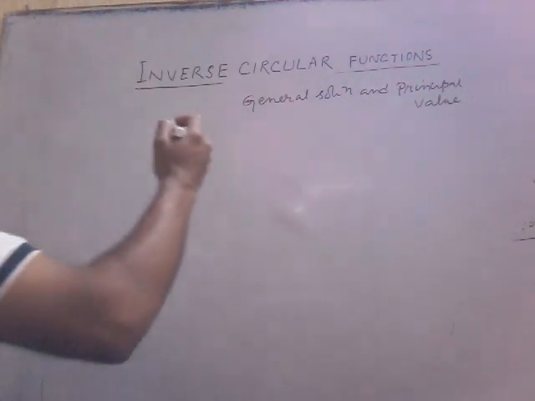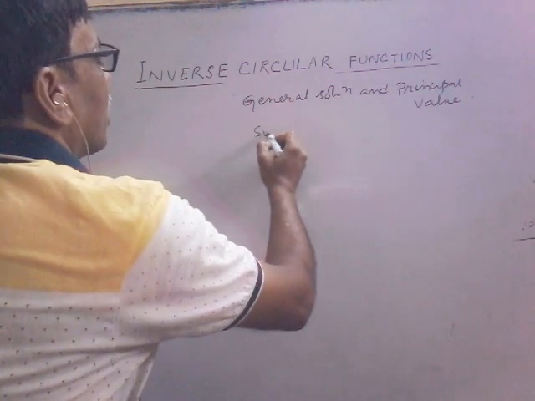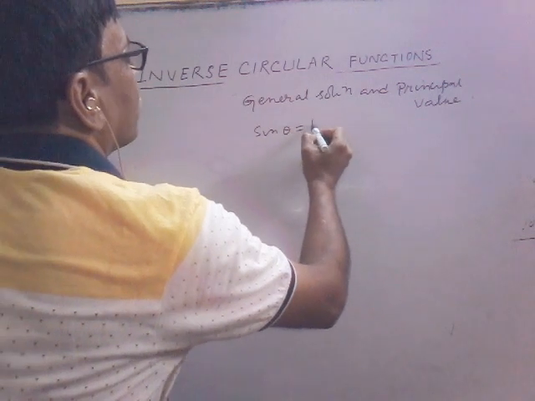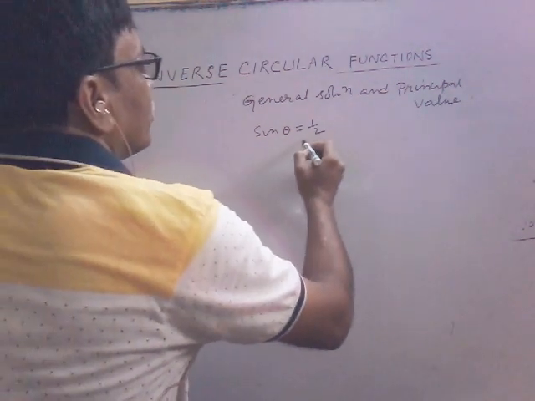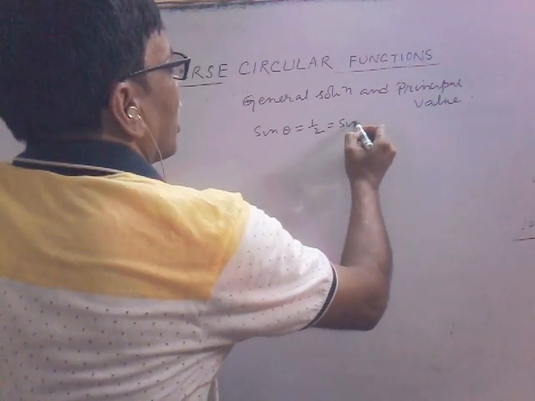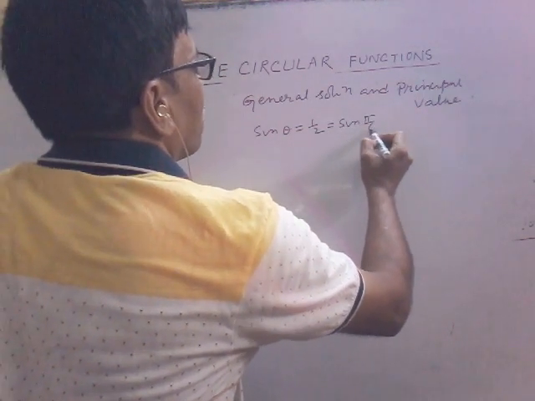We have already discussed, if sin theta equals half, then this one is sin pi by 6.